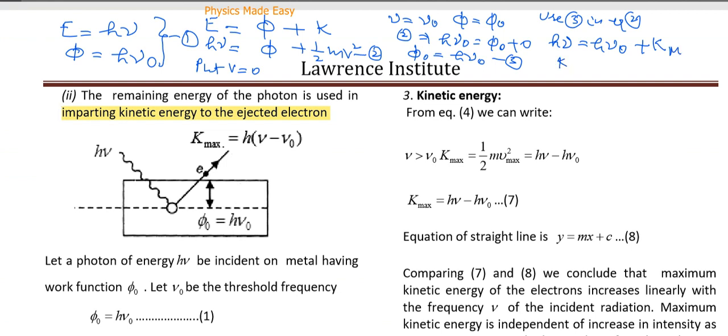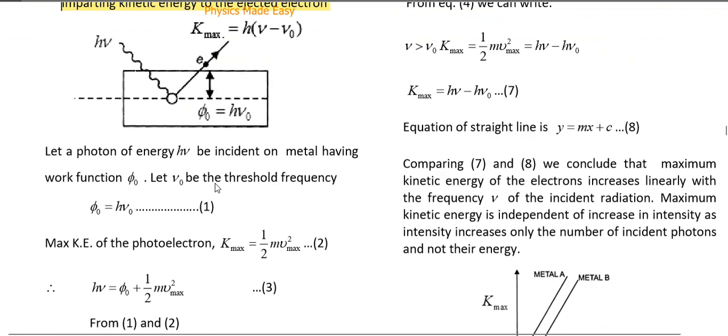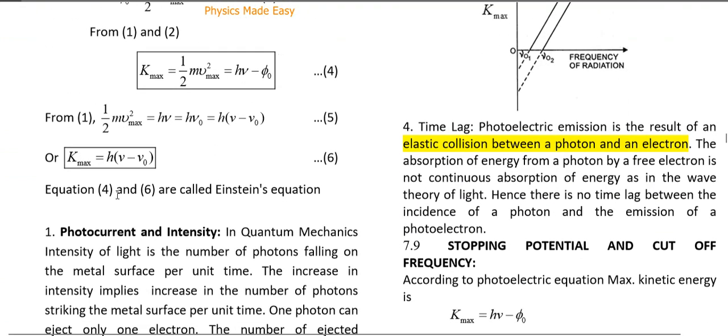Now K max is equal to h into nu minus nu naught. This is famous Einstein's equation.